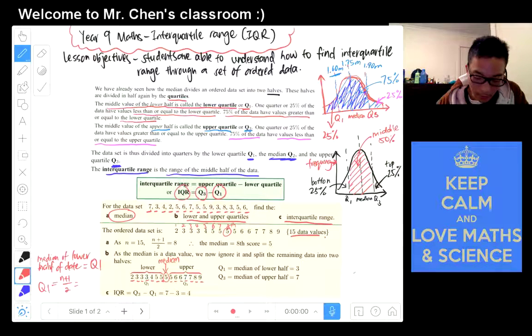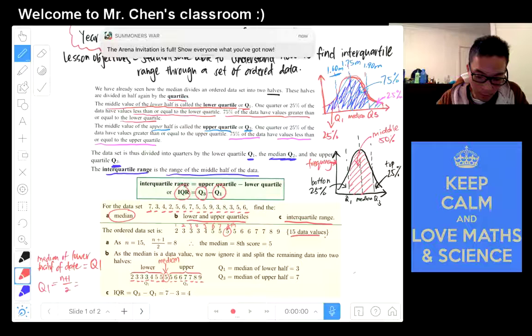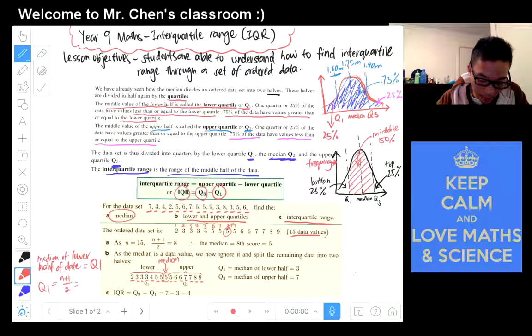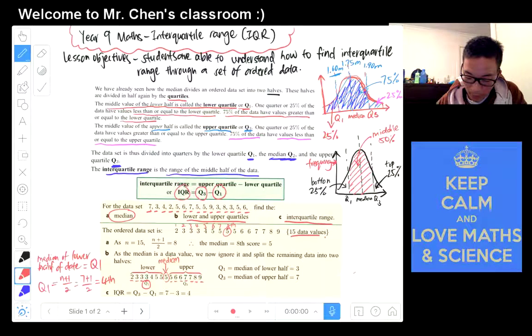Because there are 7 of them, 7 plus 1 divided by 2, which is 8, 8 divided by 2 is 4. So from there you can count the fourth: 1, 2, 3, and 4th. That is your Q1. Okay, so you know your Q1 is 3 now.